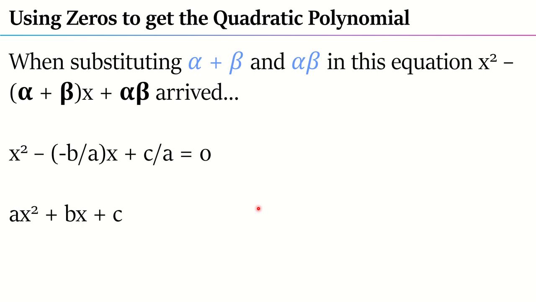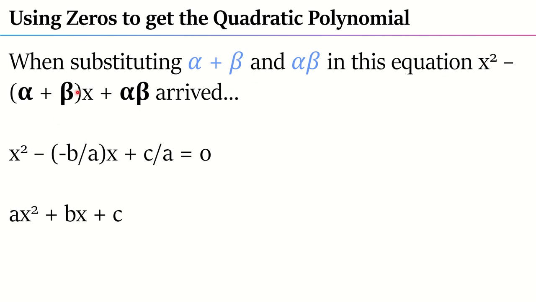Now, just one extra step we will take. We found the equation in the previous slide. The equation was x square minus alpha plus beta x plus alpha beta. How did it arrive at the final equation? Let me substitute the values of alpha beta and alpha plus beta that we saw into this equation.